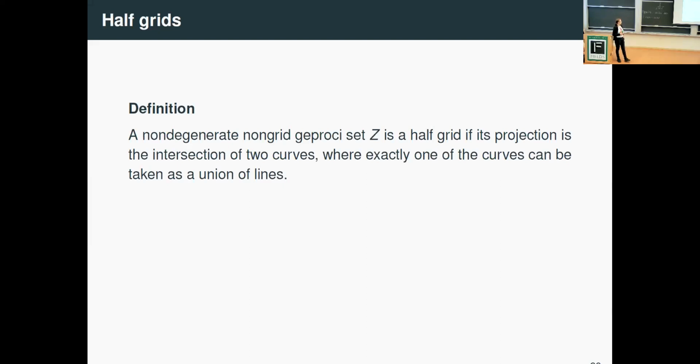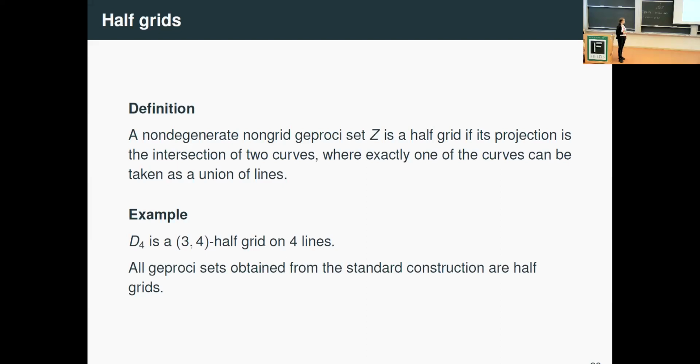If we have a non-degenerate, non-grid Geproci set, we say that it is a half-grid if its projection is the intersection of two curves, and exactly one of the curves can be taken as a union of lines. If both are unions of lines, that was the grid. And now we consider only one curve to be the union of lines.